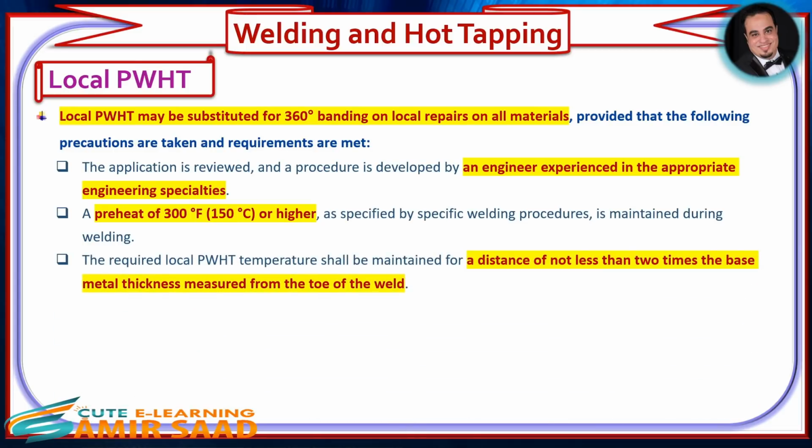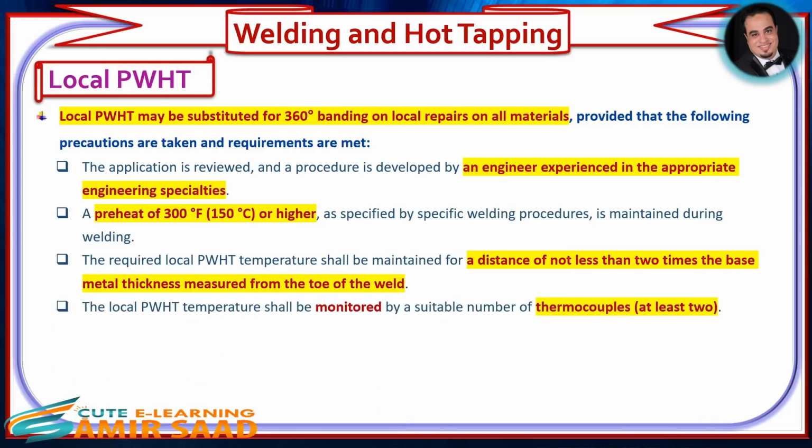The required local PWHT temperature shall be maintained for a distance of not less than 2 times the base metal thickness measured from the toe of the weld. The local PWHT temperature shall be monitored by a suitable number of thermocouples, at least 2.